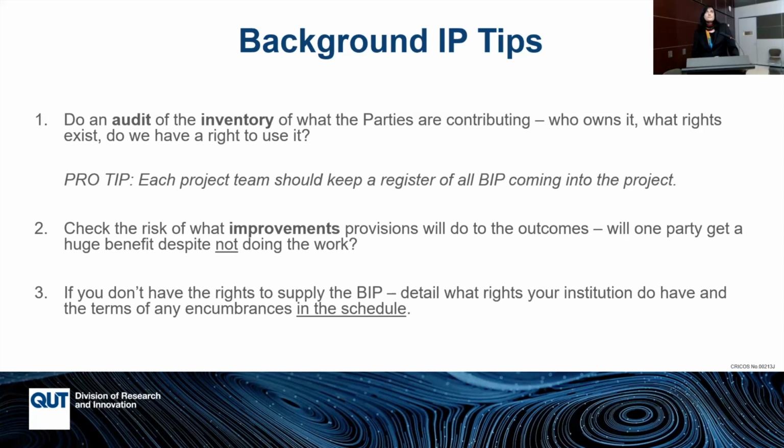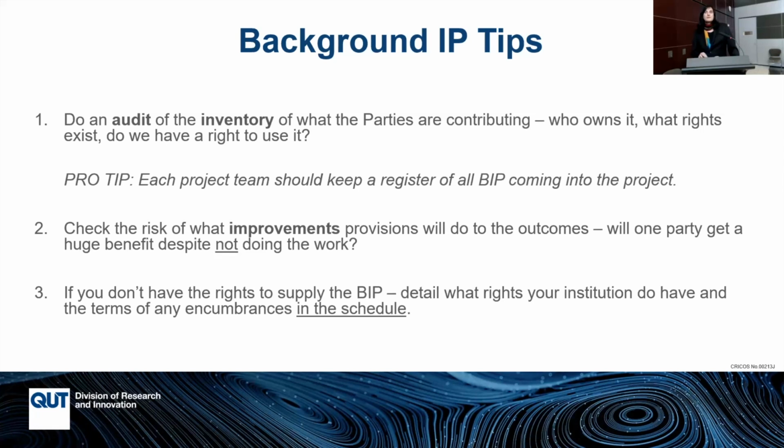And then I would suggest this, in fact, I advise this to any project that's running. Always keep for your side, for your institution, a register of all the background IP that's being used in the project. I think that's probably one of the best things that researchers can do in order to make sure that the IP determination down the track is done easily.